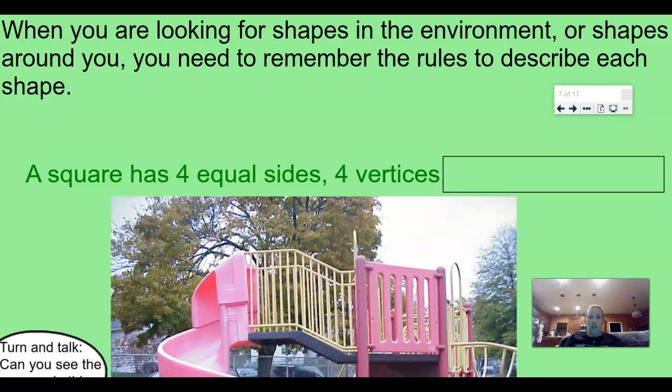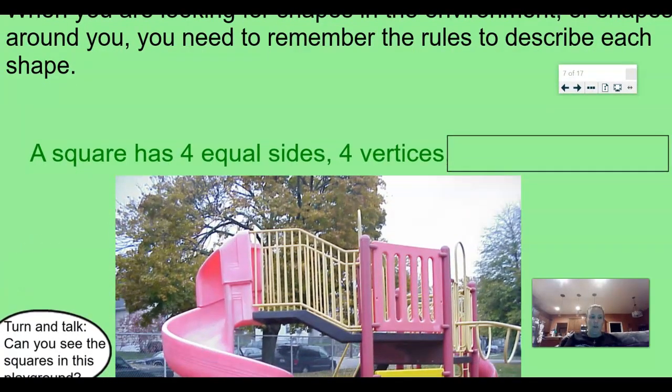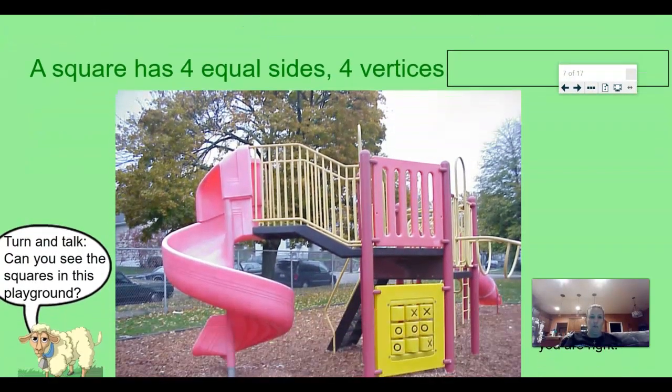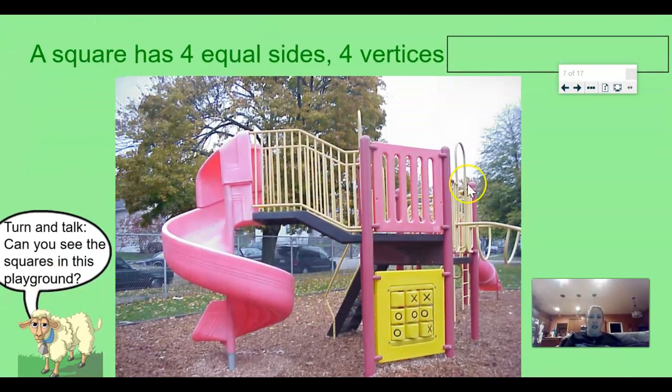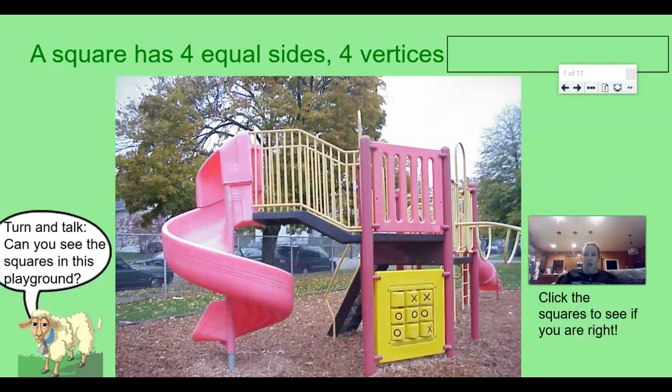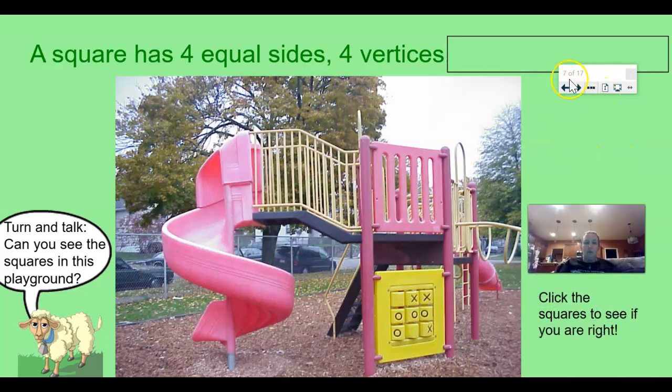So if I was looking on this playground equipment here, and I was trying to see if I could find some squares, I have to remember the attributes. The attributes of a square are it has 4 equal sides and 4 vertices or corners. Can you find the square in this playground equipment right here?